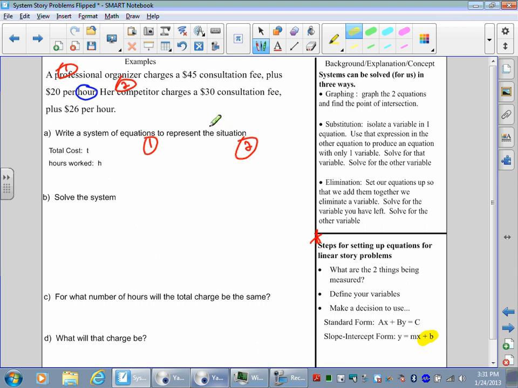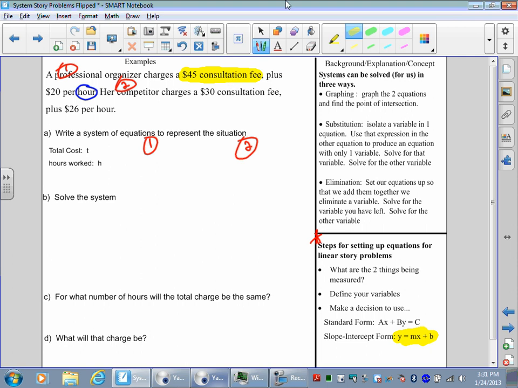And there is in this case. It's right here. It's her consultation fee. Before she's worked any hours at all, I owe her $45 just for coming over and looking at the project. That's a y-intercept. That's when x is 0, meaning when hours worked is 0, total cost is a value. It's $45. So that's an indication to me that I should be using this form for this problem, y equals mx plus b.